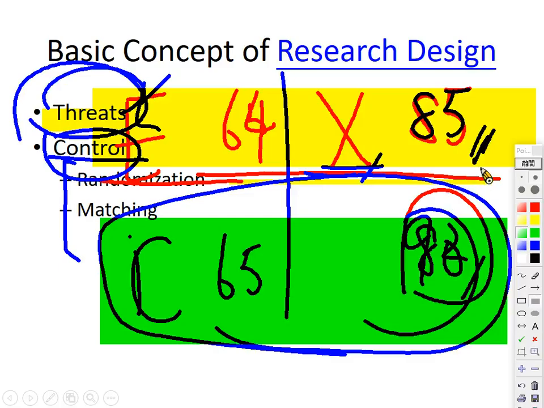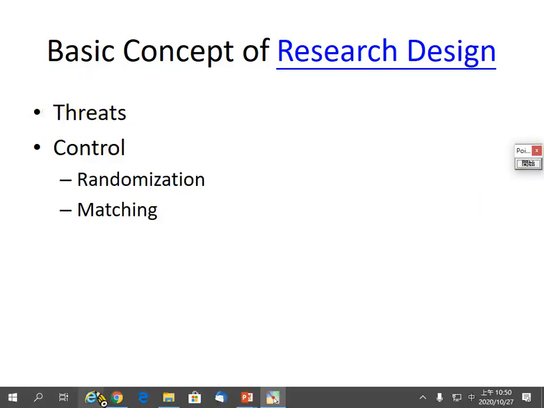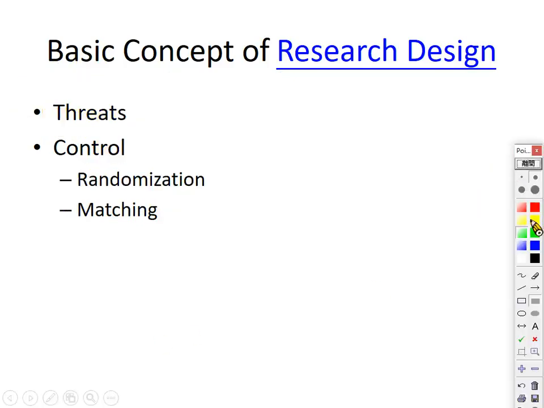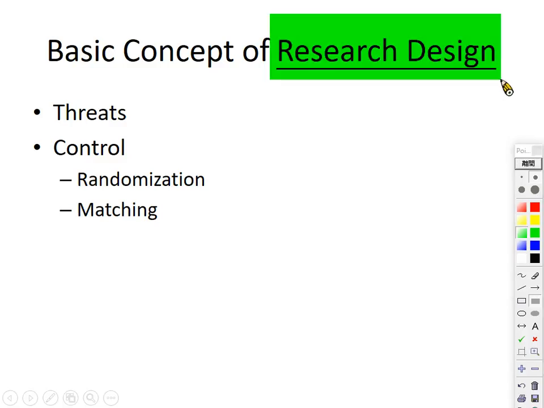Okay? So basically here what you need to know is that when we think about research design, you have to consider the possibility of threats. Another way to think about this is that the result of your study is never definite.